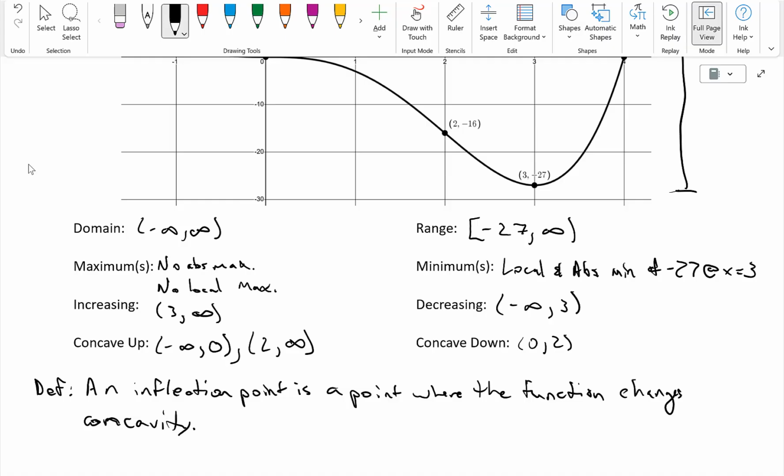So where we jump from concave up to concave down or concave down to concave up, we have inflection points on this graph at 0, 0 and 2, -16. All right, so we want to look where those cup up and cup down shapes come together, or where we change concavity.